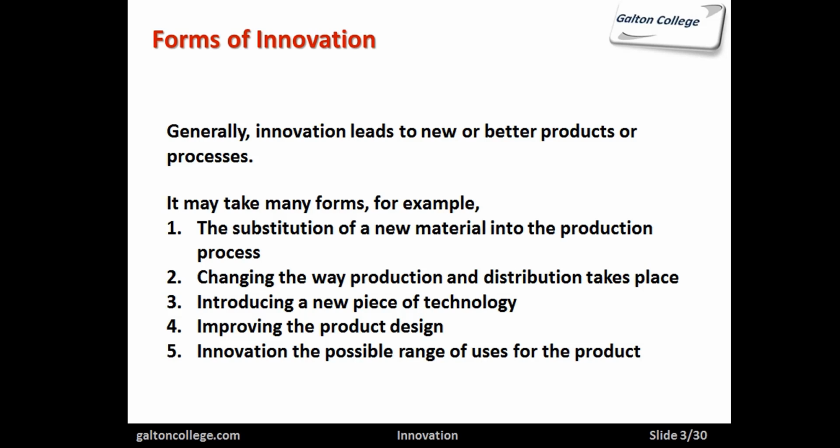It introduces a new piece of technology, a new way of doing it. Perhaps nowadays computer controlled, or the introduction of some sort of artificial intelligence, or some sort of new way of organizing production or distribution, or new way of management. It's new. And that is innovation.